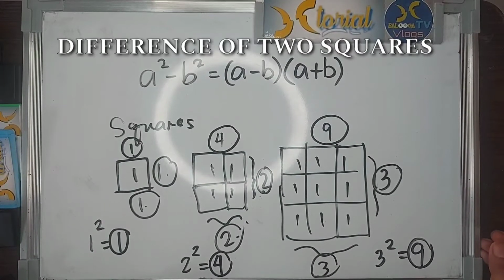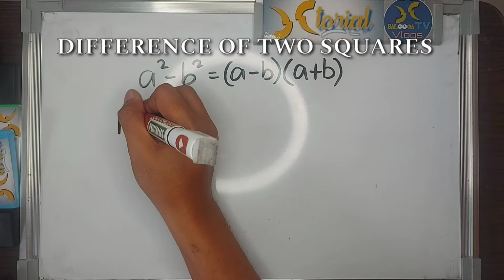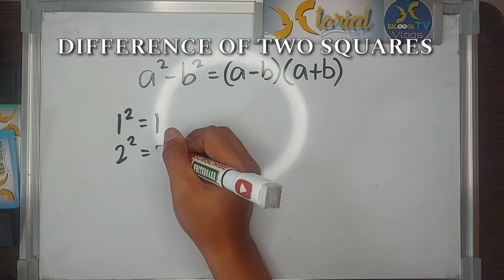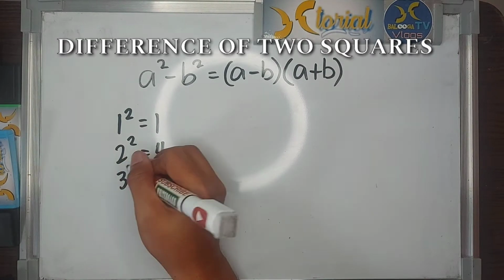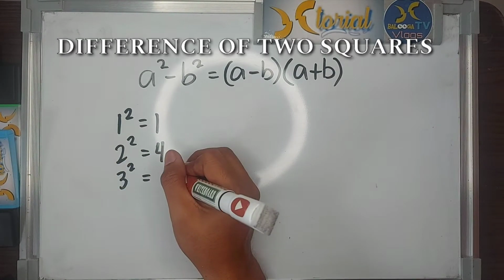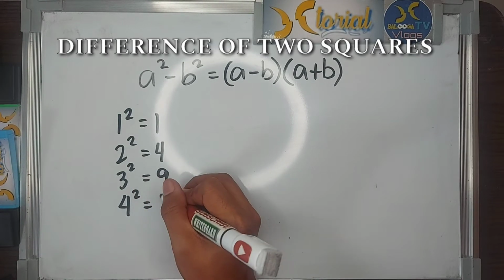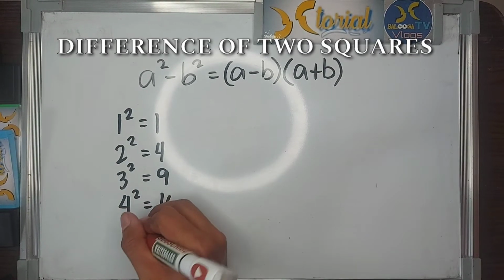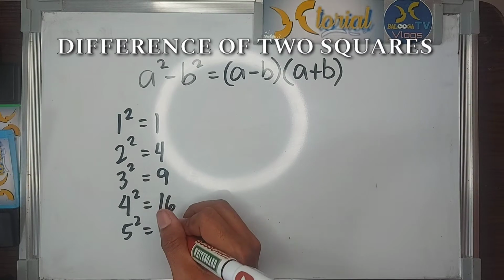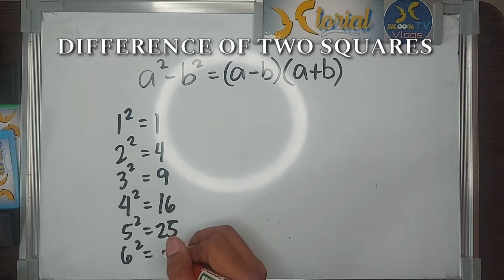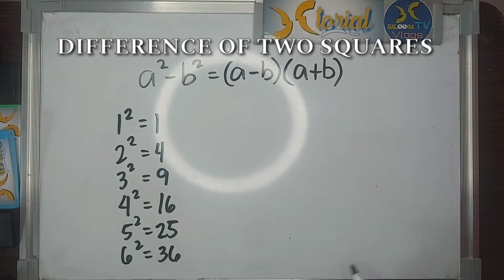So, ano-ano pa yung iba't ibang square number? Okay, so simulan natin sa 1. 1 squared is equal to 1. 2 squared, 2 times 2 is 4. 3 squared is equal to 3 times 3, 9. 4 squared is equal to 4 times 4, 16. 5 squared is equal to 5 times 5, 25. 6 squared is equal to 6 times 6, 36.